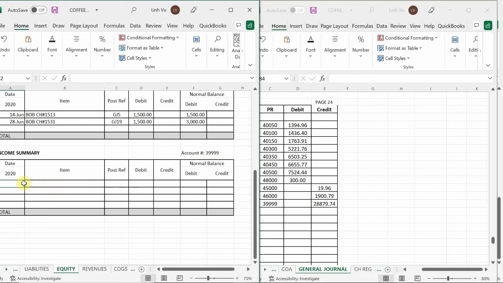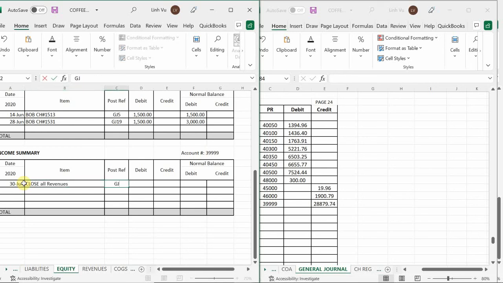So in this case, I also need to make a post to my ledger that I closed out all revenues.